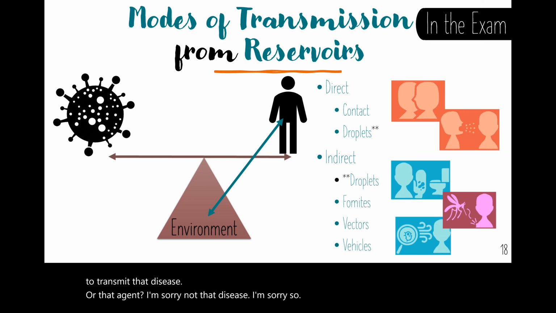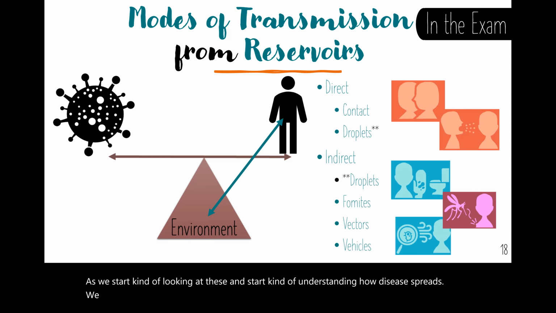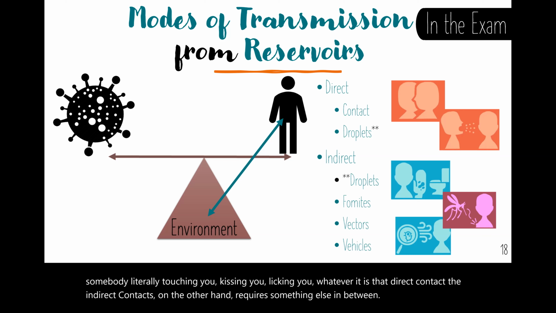As we start looking at these and understanding how disease spreads, we can start including some new definitions. One of the most common ways, aside from somebody literally touching you, kissing you, licking you, whatever it is, that direct contact, the indirect contact, on the other hand, requires something else in between. That intermediate is what I'm referring to.